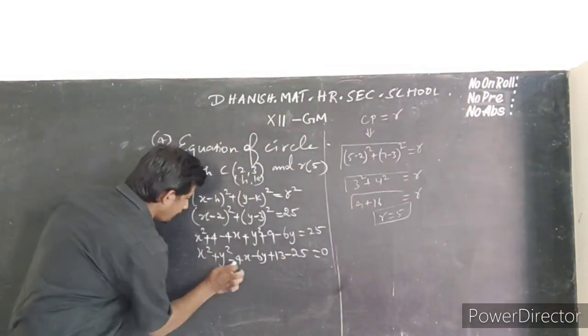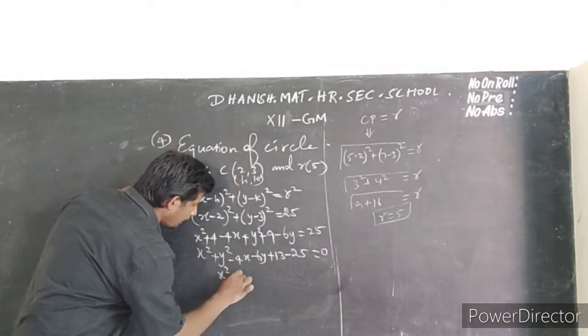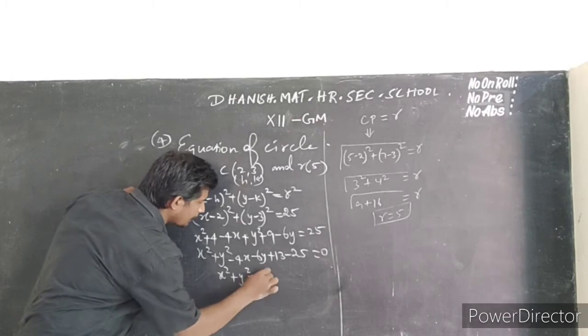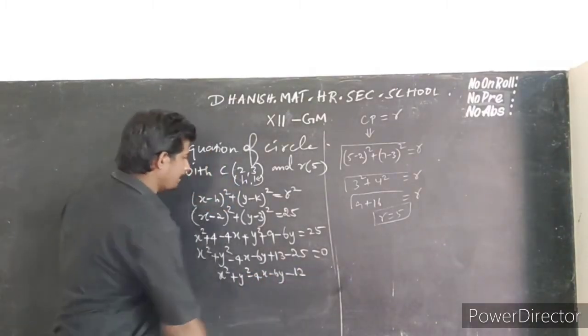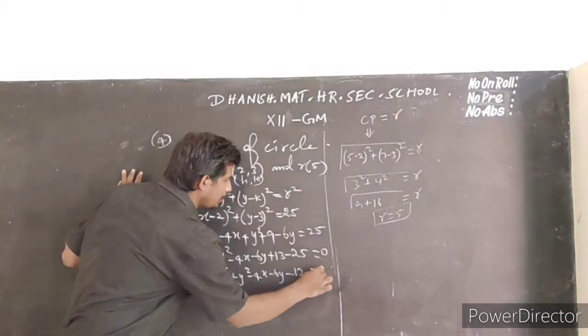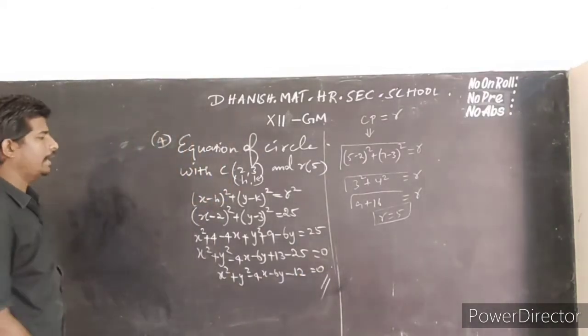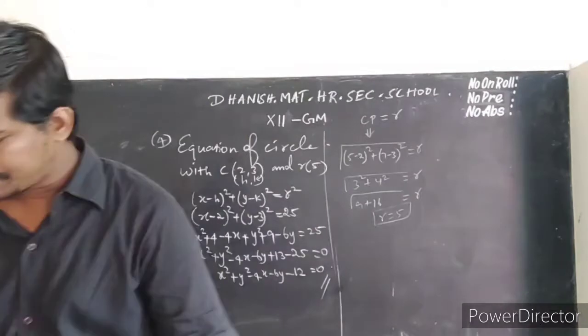So x² + y² − 4x − 6y − 12 = 0 is the required equation of the circle.